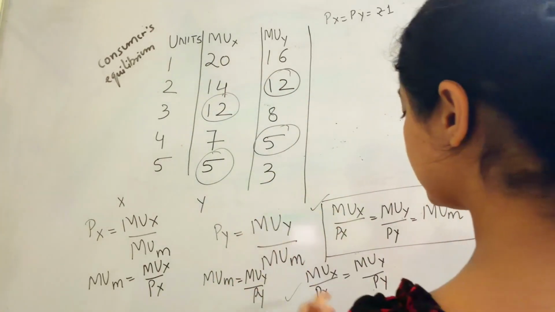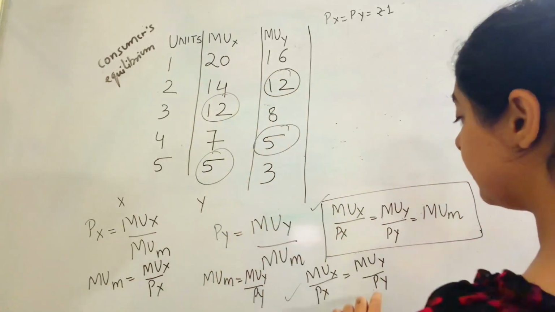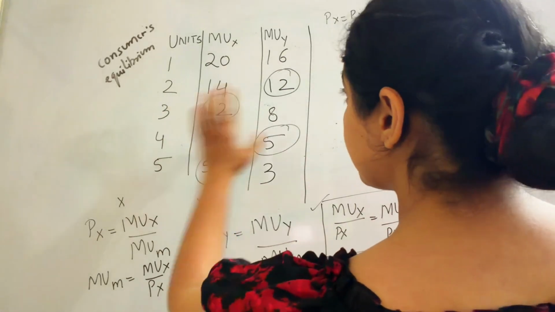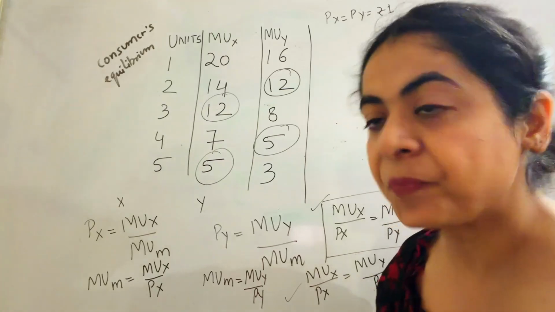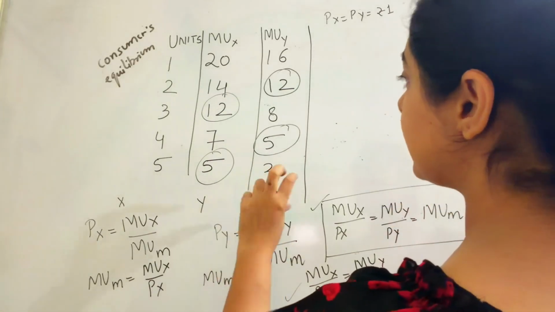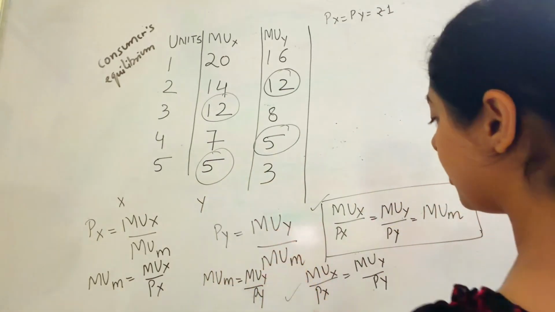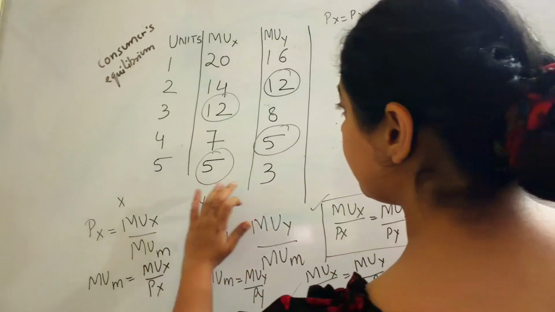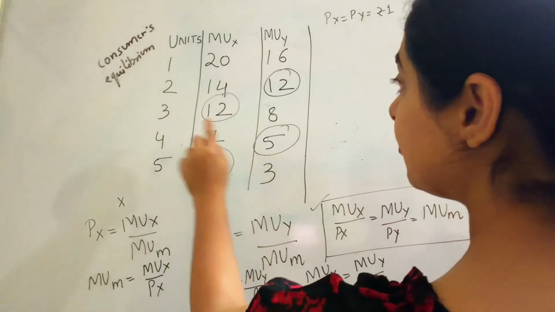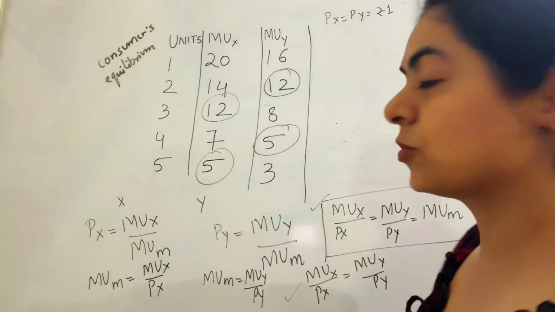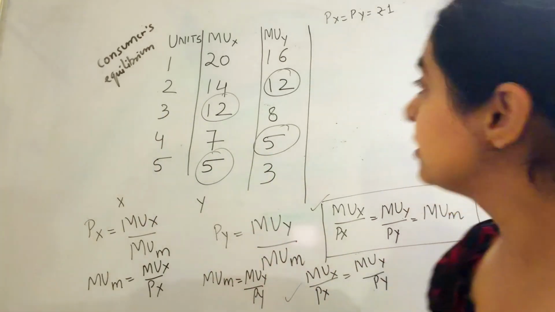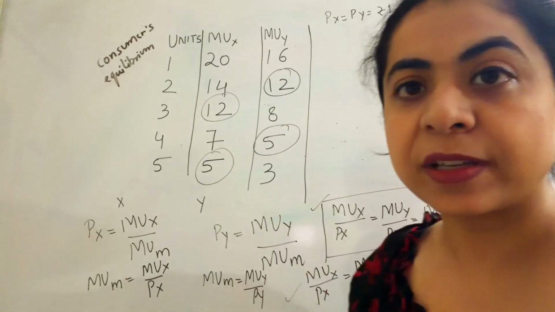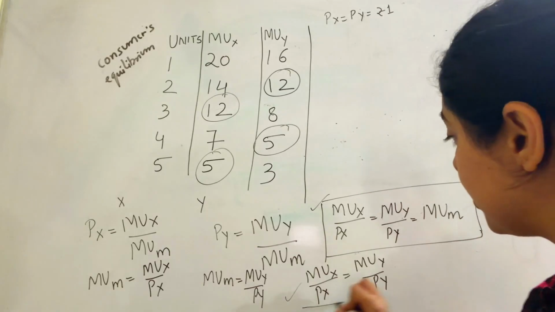Because the ratio of MUX upon PX is 12 here, and it is 12 here. So the consumer will be in equilibrium when he consumes 3 units of X and 2 units of Y. Similarly, the second case is where MUX upon PX and MUY upon PY is 5 and 5, at 5 units of X and 4 units of Y. But we have to pick any one combination, so we have additional conditions apart from this particular condition.